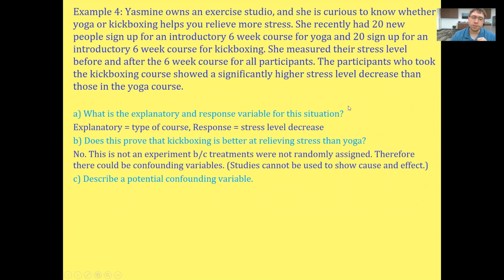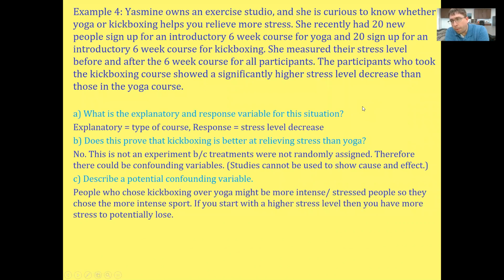And the reason is because these confounding variables, these lurking variables, have snuck into her observational study, and she's either completely unaware of them or forgotten to reduce them by spreading them out. So a possible issue with her observational study is that people who volunteer to choose kickboxing over yoga might just be more intense and stressed to begin with.